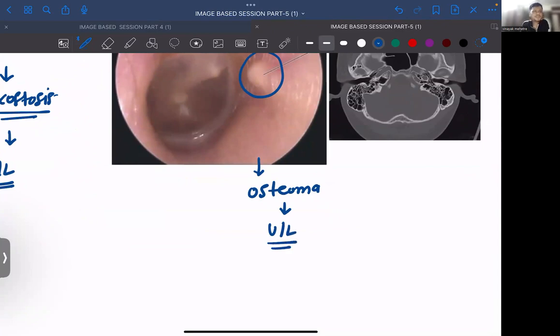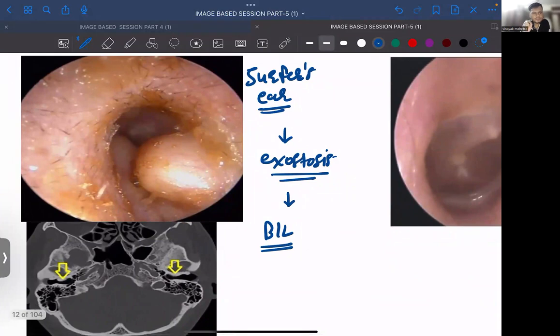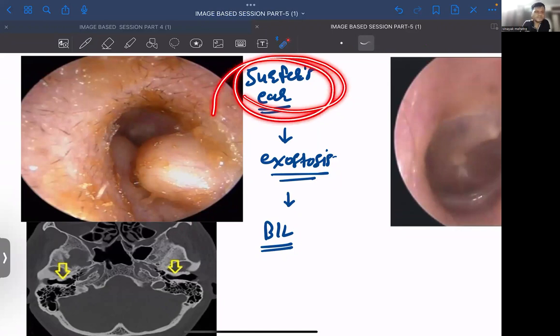It is a tumor of bone; the suffix oma is written there, right? Exostosis will not be a single one. There will be multiple. It is a protective mechanism of the ear. Reason? The patient is going to surf in cold water.